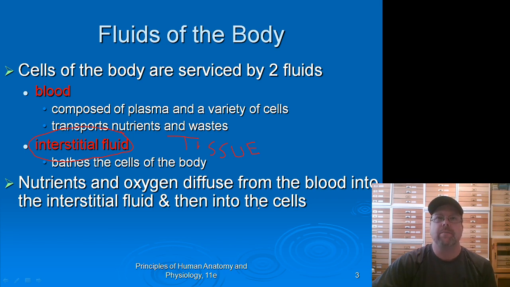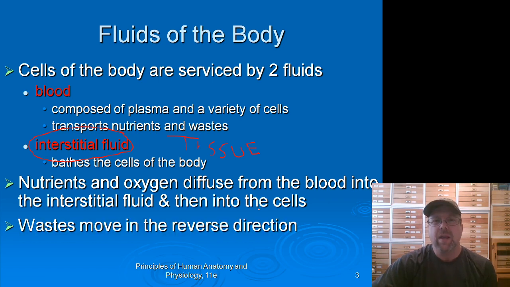A lot of tissues like epithelium aren't really close to the bloodstream, so anything that moves into the cells has to move into the interstitial fluid first. Of course, waste products are going to move the opposite direction. A cell is going to metabolize, make a bunch of waste, and that waste is going to be transported out of the cell into the interstitial fluid and then into the bloodstream.